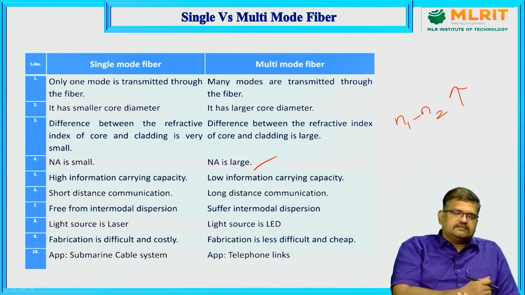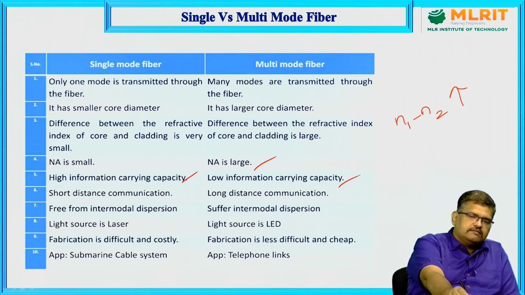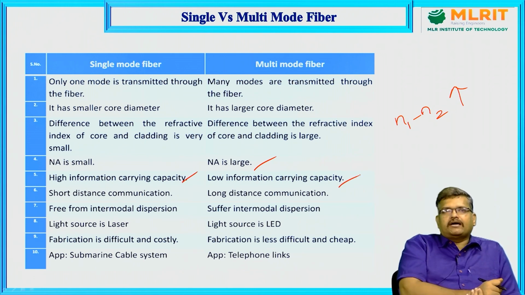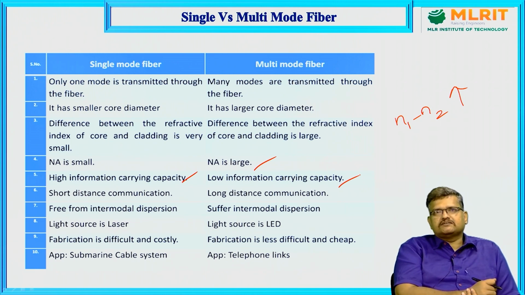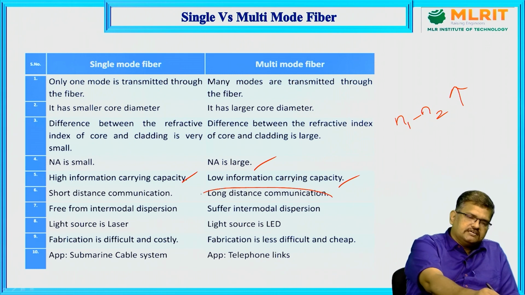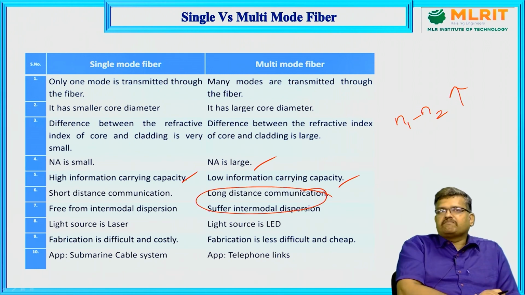Another one: single mode fiber can be used only for short distance communications, but multimode fiber can be used in long distance communication. For long distance, generally we use multimode fibers.